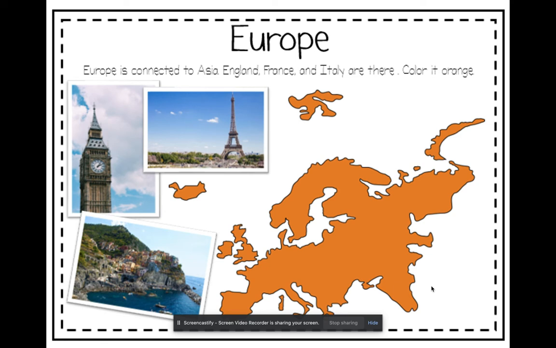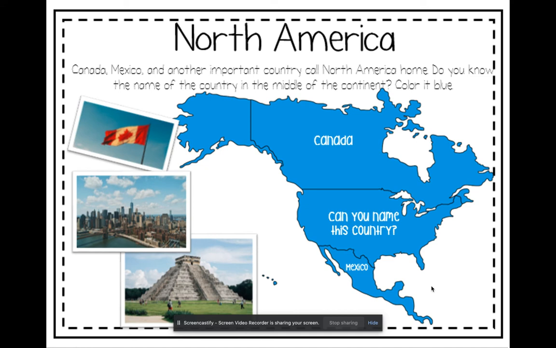And then we have Europe. It is connected to Asia, and England, France, and Italy are all part of Europe. North America. I want you guys to look at this and see if anybody can tell me the name of this country.